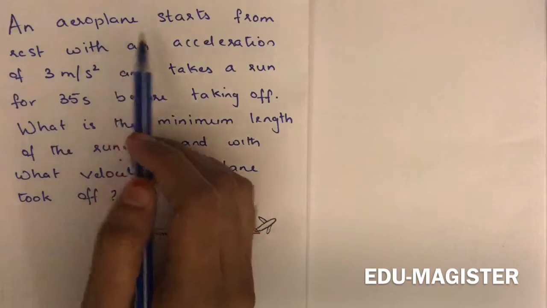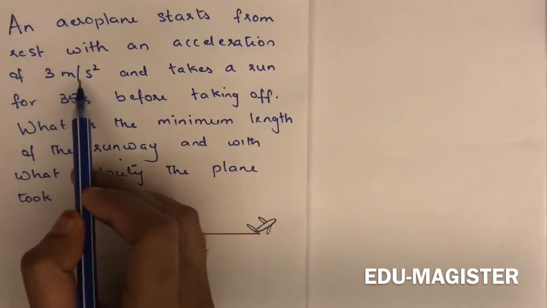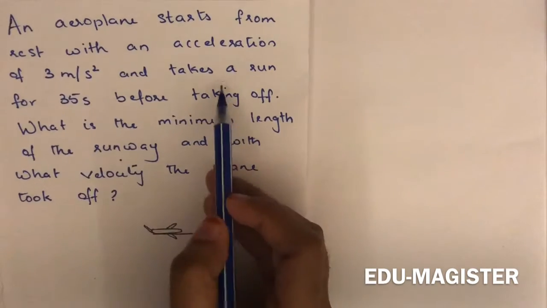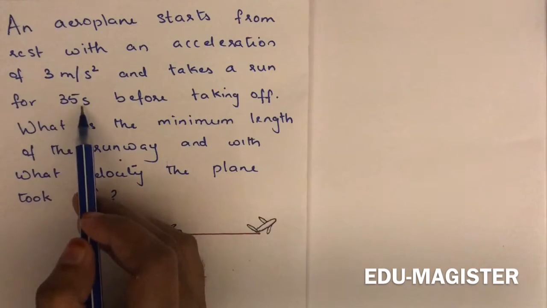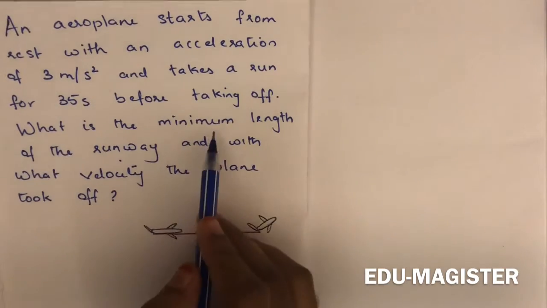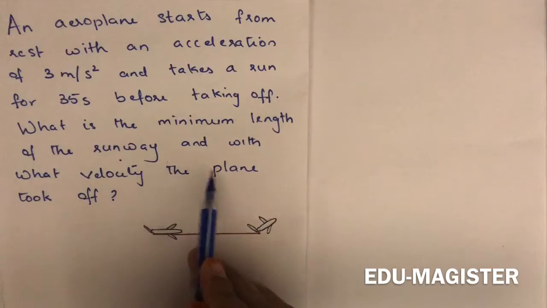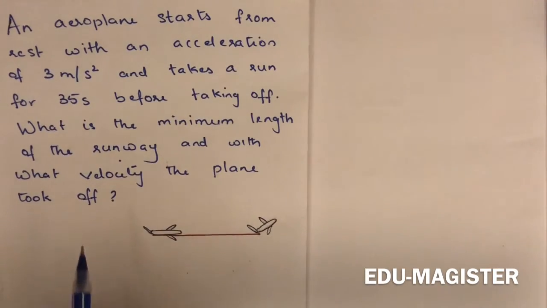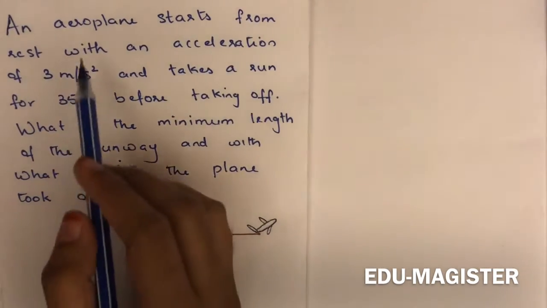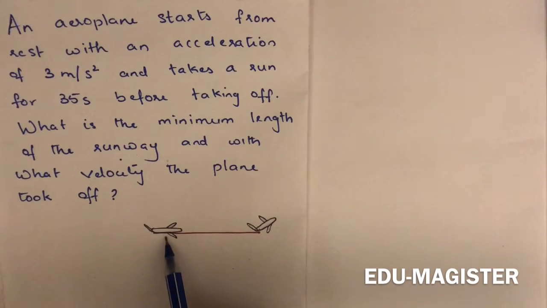An aeroplane starts from rest with an acceleration of 3 meters per second square and takes a run for 35 seconds before taking off. What is the minimum length of the runway and with what velocity the plane took off? So here there is an aeroplane that is starting from rest.